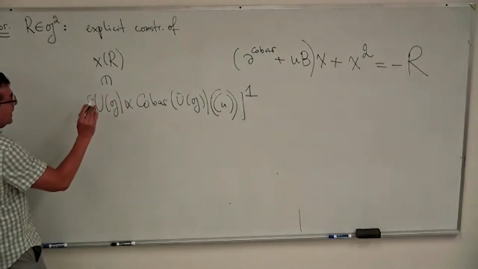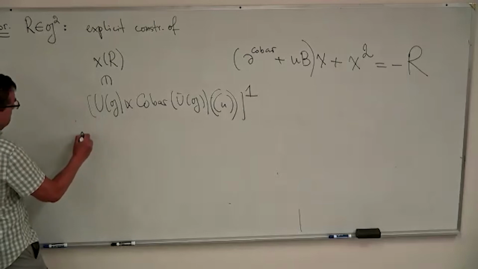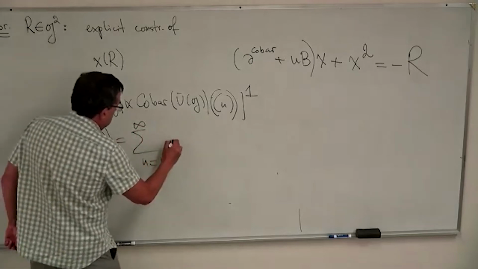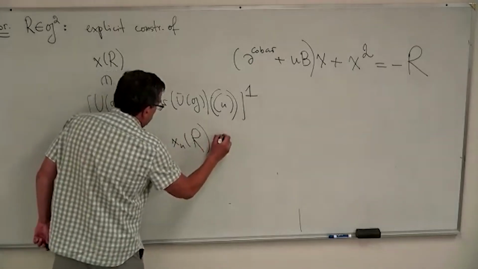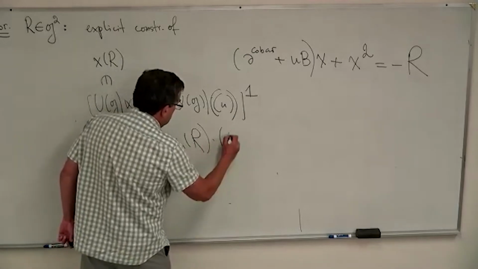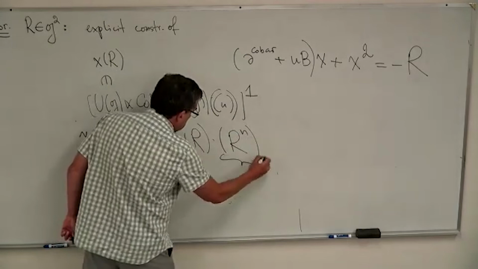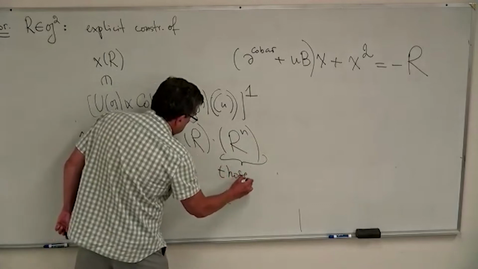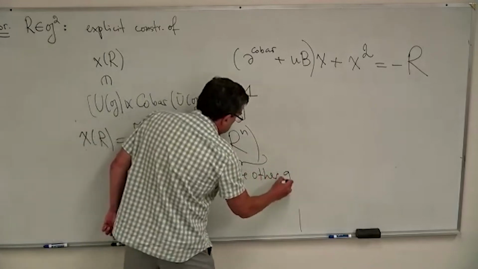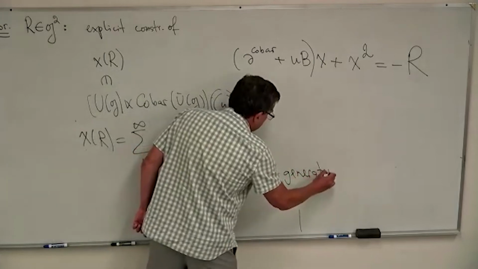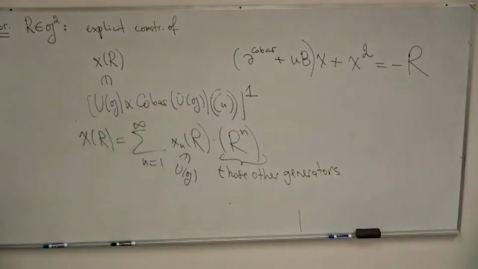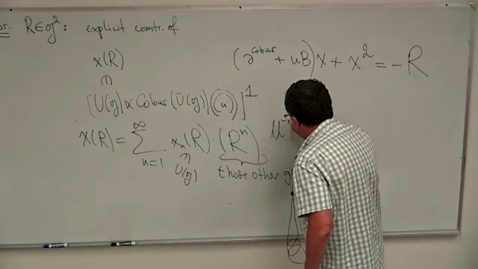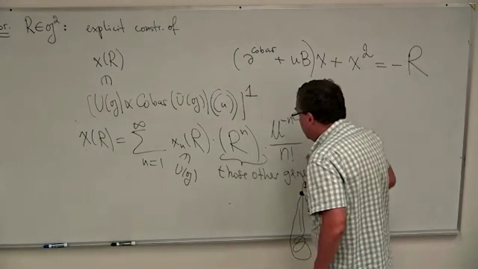Maybe just say it's kind of instructive, but what I need from it is just, here I have some polynomials in R, and here I have those other generators, the cobar generators. Yes, and last but not least, u to the power negative n divided by n factorial.